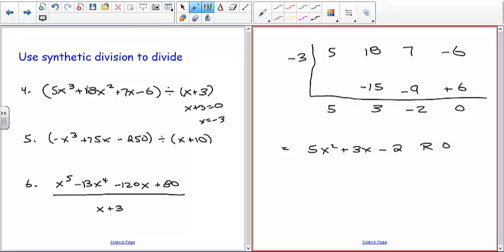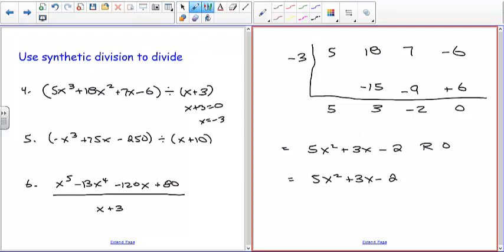If you divide a third order polynomial by a first order polynomial, you'll end up with a second order polynomial. So this is going to be 5x squared plus 3x minus 2 with a remainder of 0. In this case, if you have a remainder of 0, you don't have to actually show it. You can just write it kind of like that.